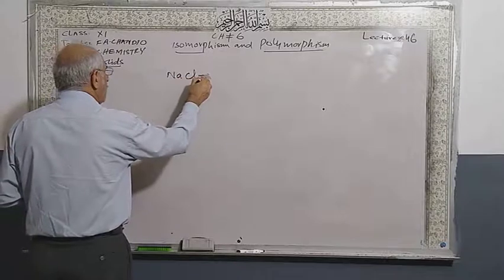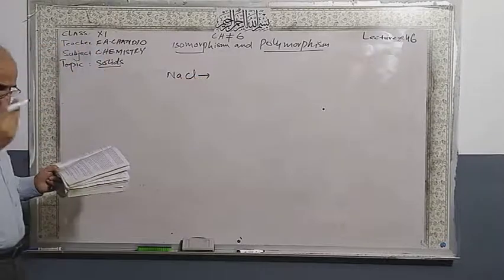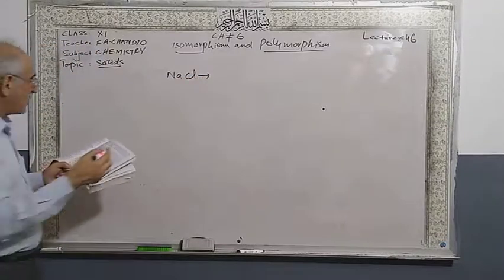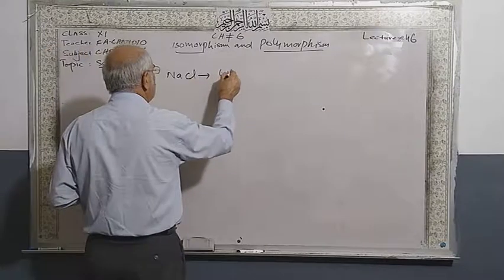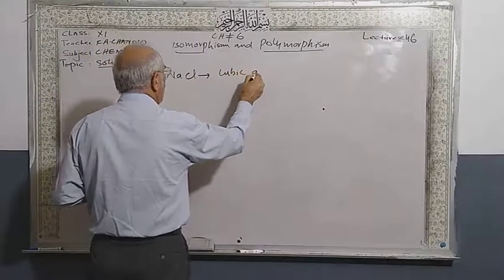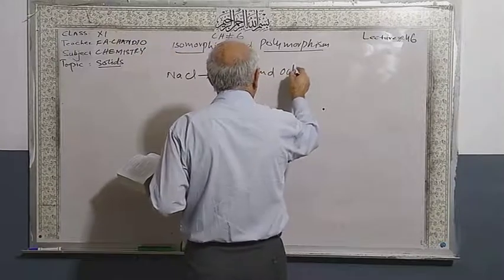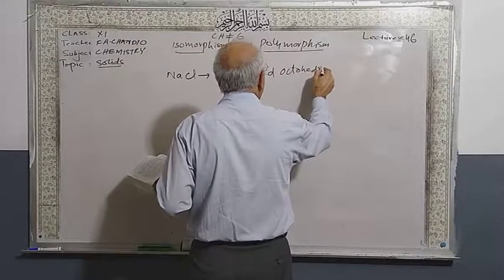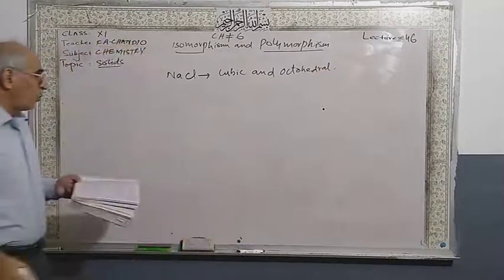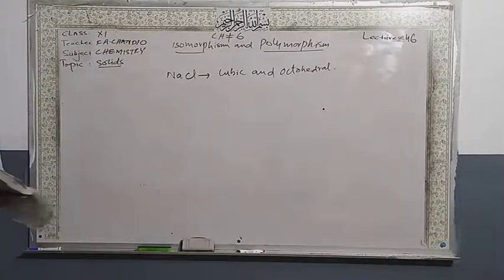Sodium chloride is one compound which has two crystalline forms, one called cubic and the other called octahedral. So these are called polymorphous.